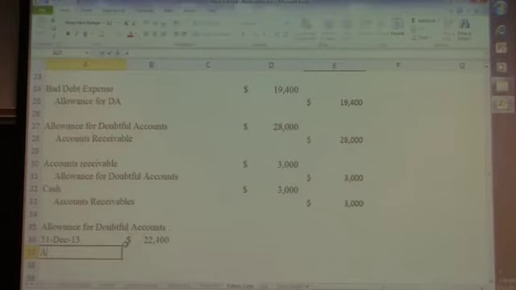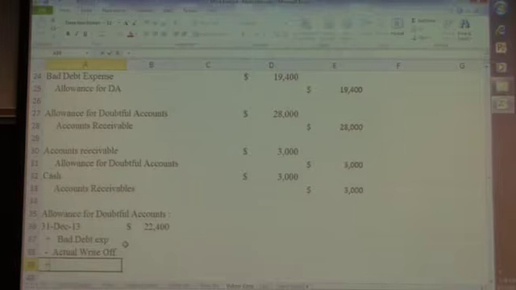And that would be increased by the amount of bad debt expense I need to account for in the current year, 2014. And during that year, I have used up the write-off, which will reduce the amount of allowance.